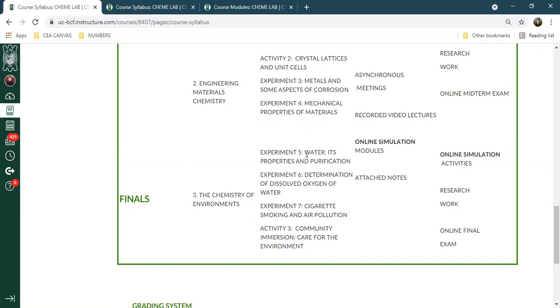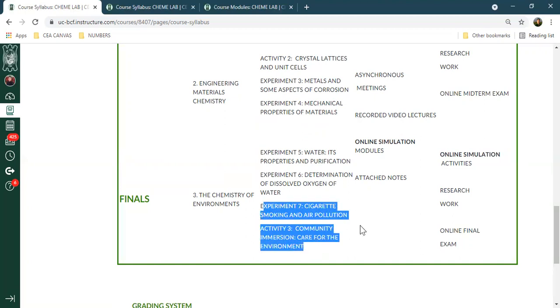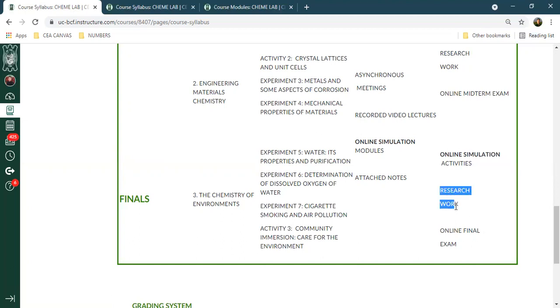For experiments 5 and 6, you're going to perform online simulation activities. And for experiment 7 and activity 3, you're going to have research work.